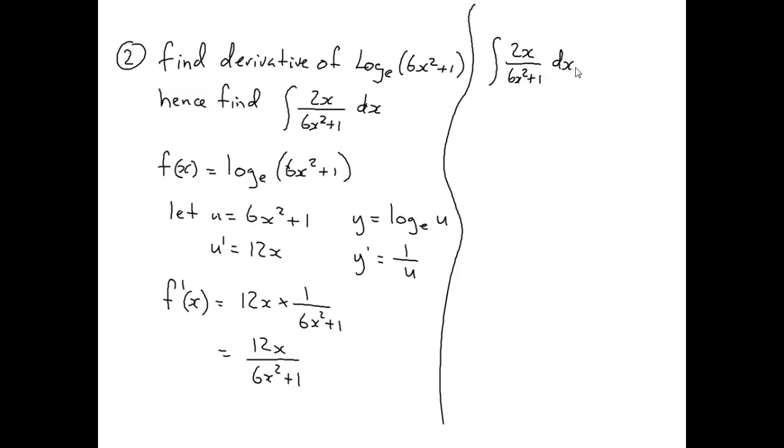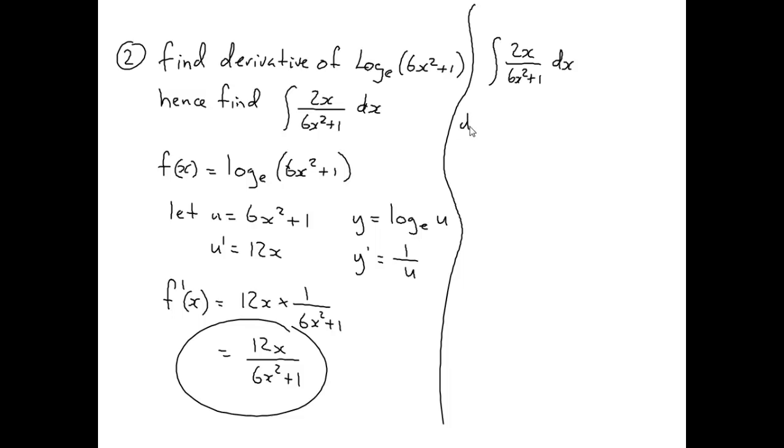Now you look at our answer down here, and that's not quite 2x on 6x squared plus 1, that's 12x. So how are we going to deal with that? Well, let's see, what did we find?